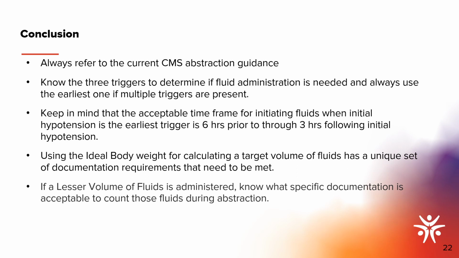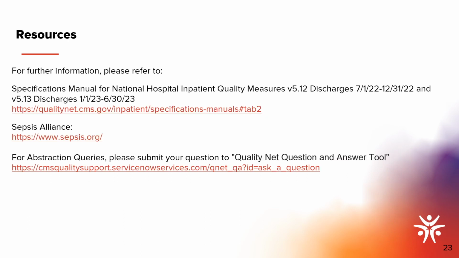Please note that this is part 1 of crystalloid fluid administration that focused on triggers, calculating target volumes, determining acceptable timeframes for administration, and certain scenarios that require specific documentation to accept the target volume ordered. The next sepsis chatter will focus further on orders, determining if and when crystalloid fluids were administered, and how to calculate the end times.